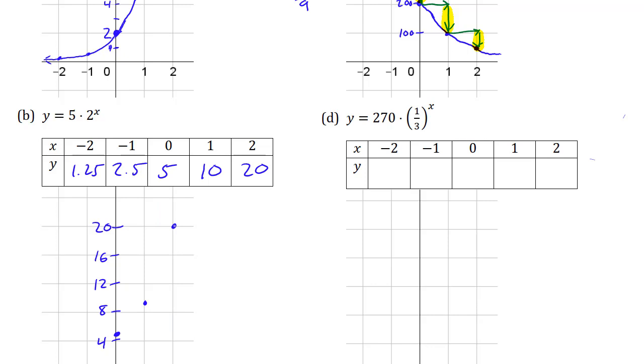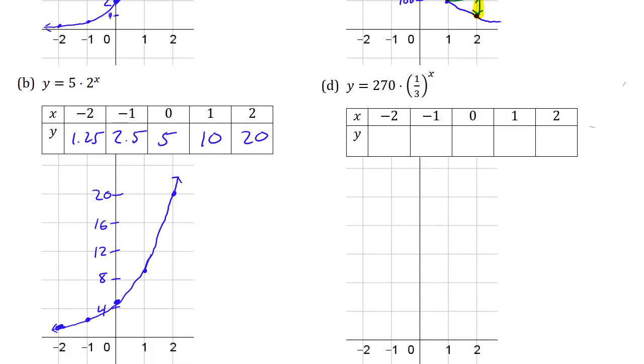And then there's -1, 2.5 is right here. -2, 1.25 is about here. There we go.